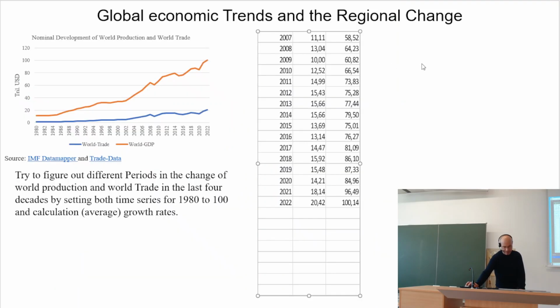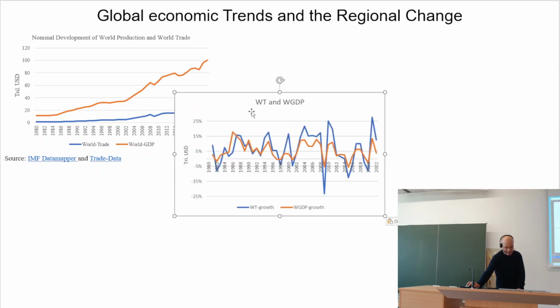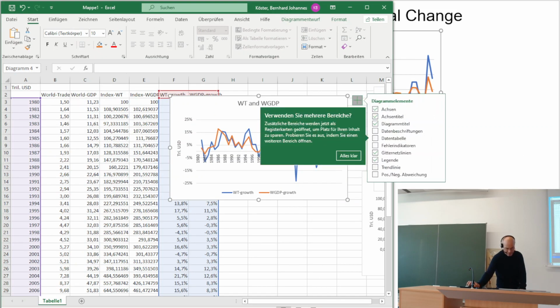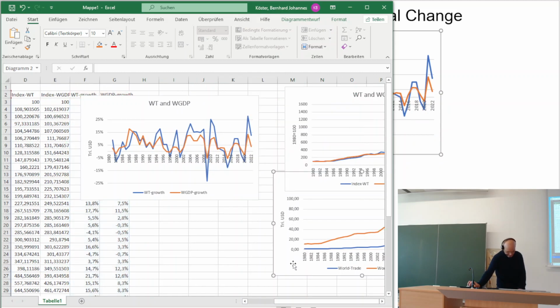Okay, so let's maybe just put these diagrams also within here. And this one.